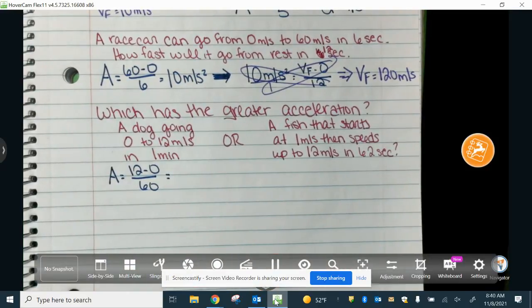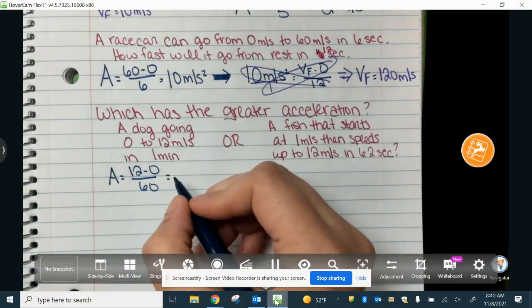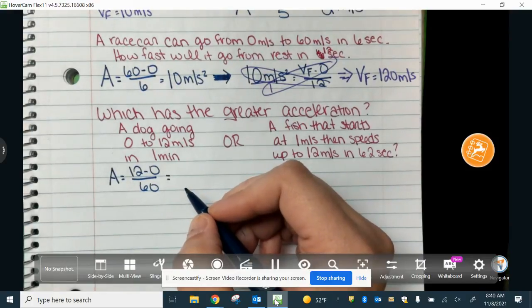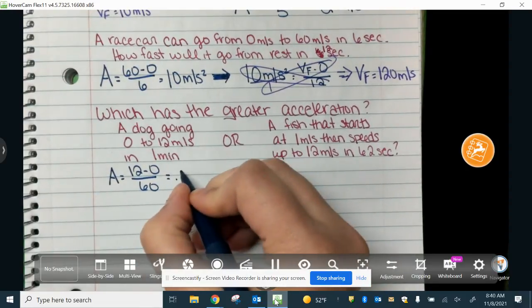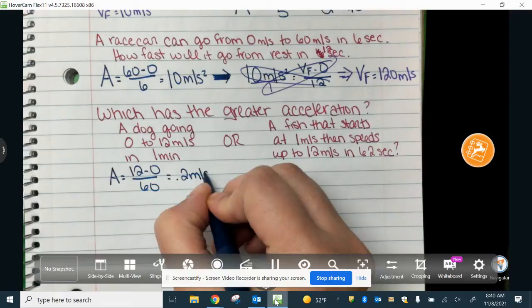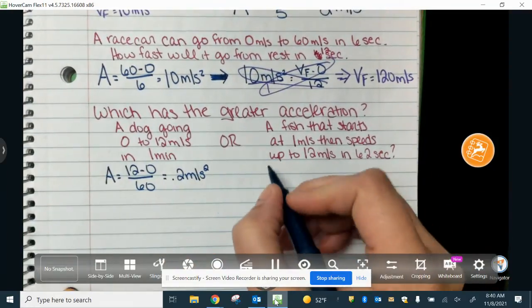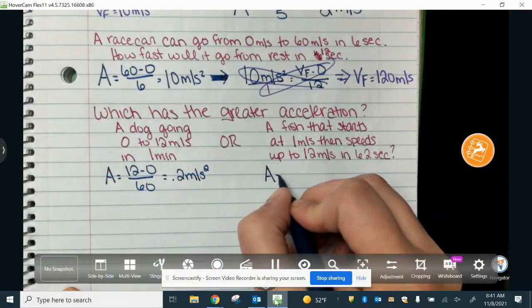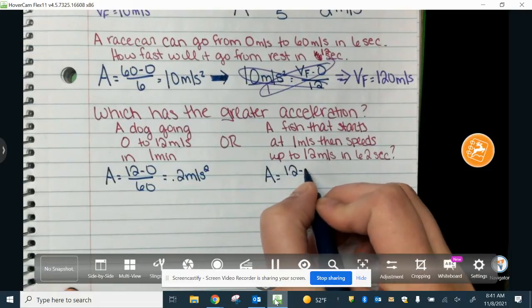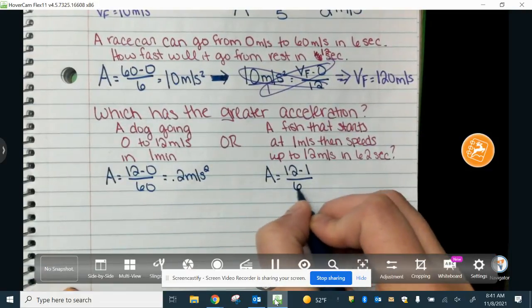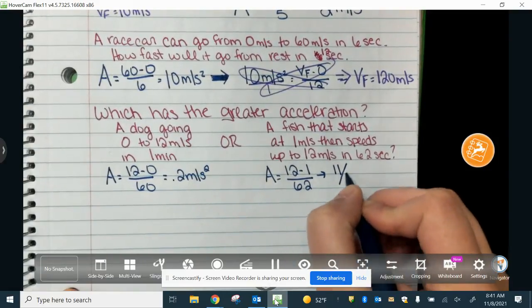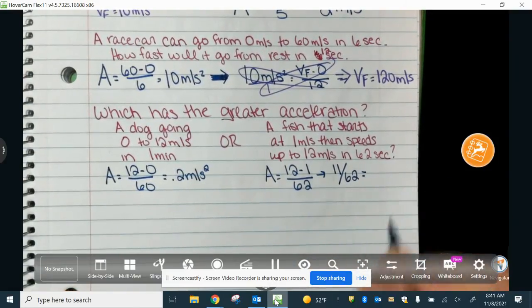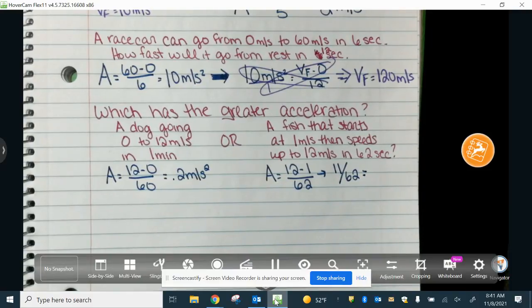What is 12 divided by 60? 60 divided by 12 is 5. What is 12 divided by 60? 0.2. What is 11 divided by 62?